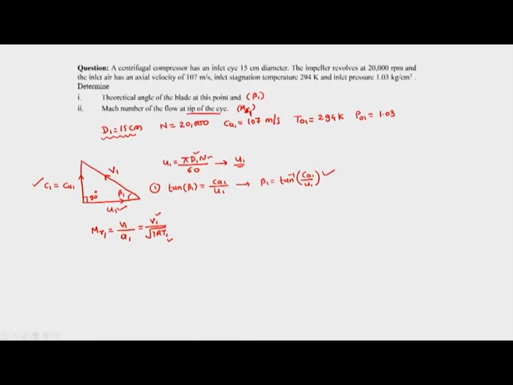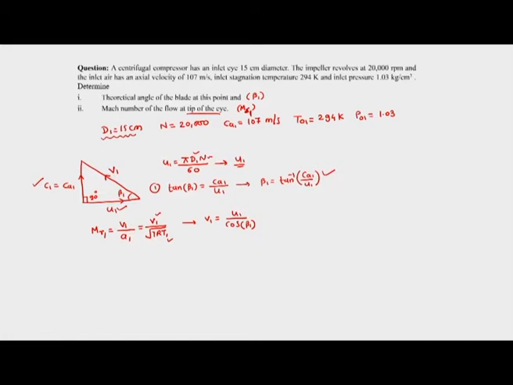This Mach number we can find out here. Now we have to find out V1 first, and V1 can be found out since beta is known to us. So V1 is equal to U1 upon cos of beta 1. Beta is known from step 1, U1 is known before that, so then we know V1.